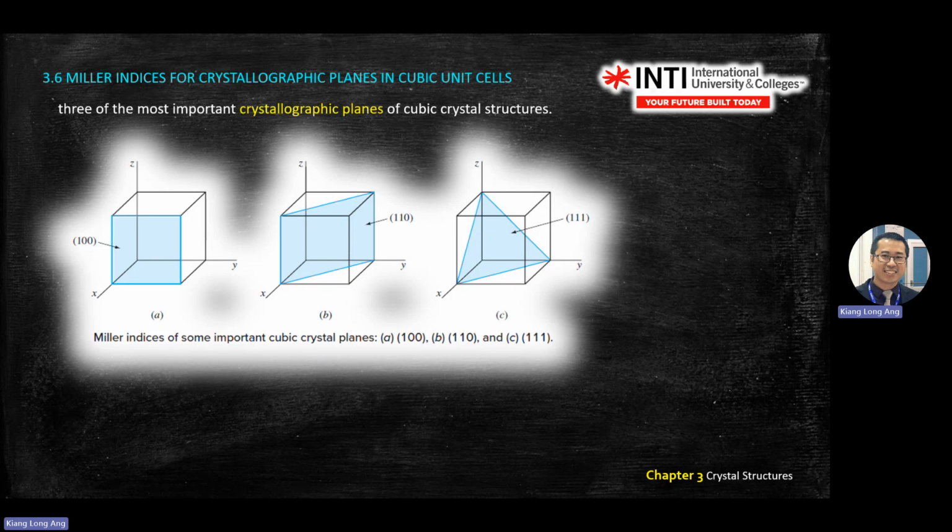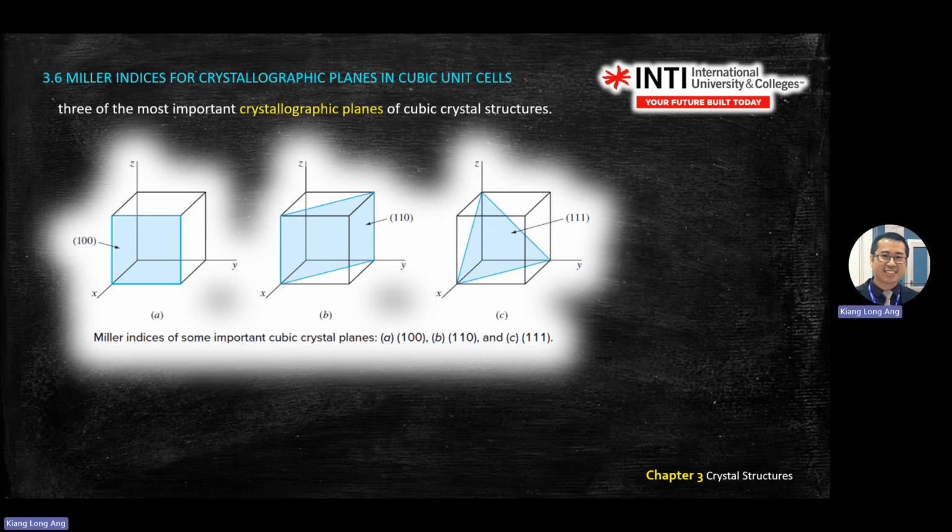Then for B, if the plane gives you 110, it means the plane moves 1 unit to x and also 1 unit to y. So it will be 45 degree slanted from x. So 1 unit, 1 unit. So it is in a diagonal shape of 110.